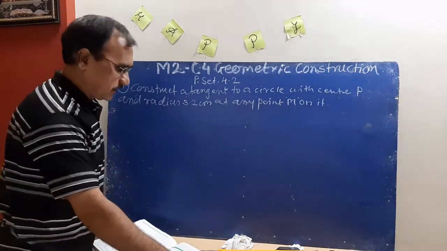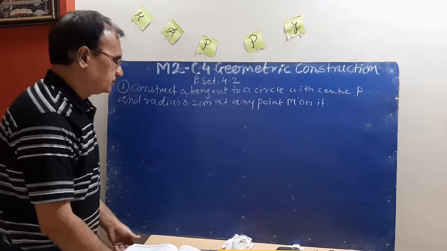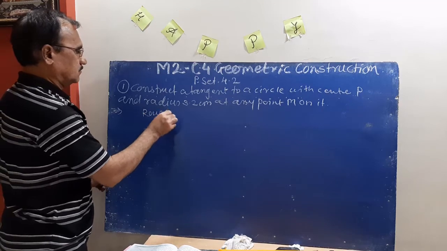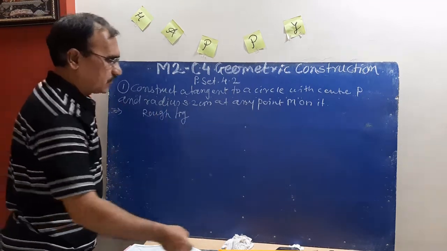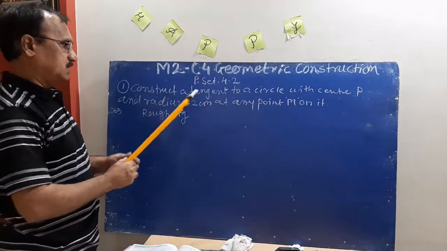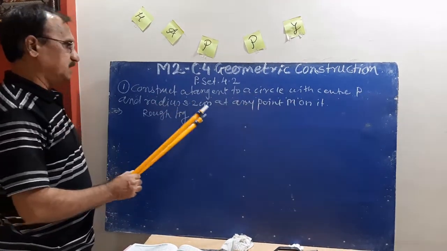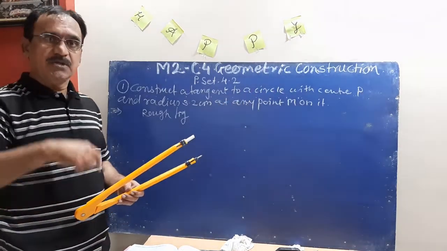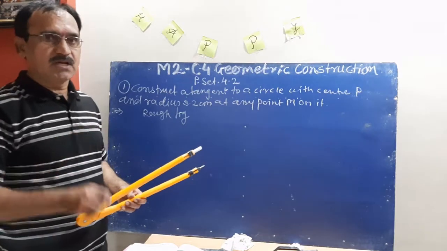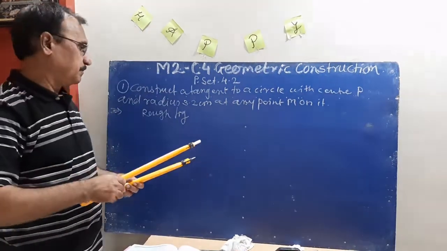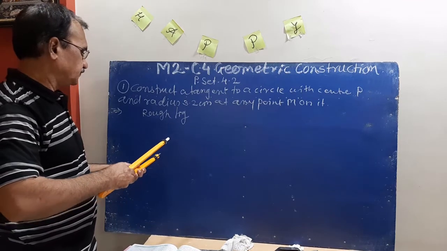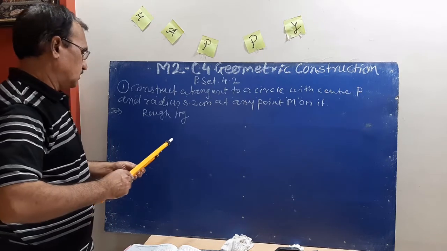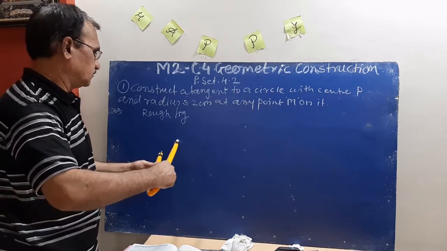That means, see here what is given. A rough figure. Construct a tangent to a circle with center P and radius 3.2 and any point M on it. Point M is on the circumference of the circle and we have to construct one tangent which is passing through point M. First, center P is given.